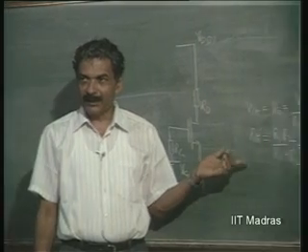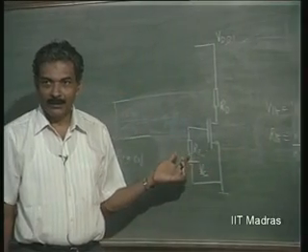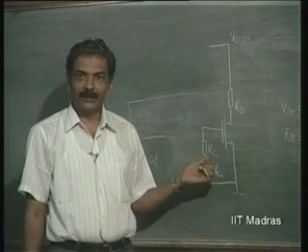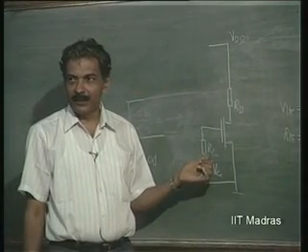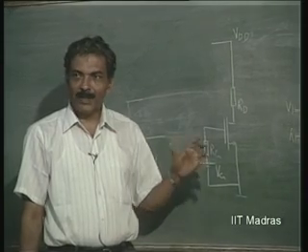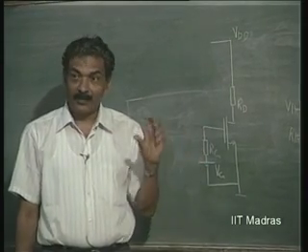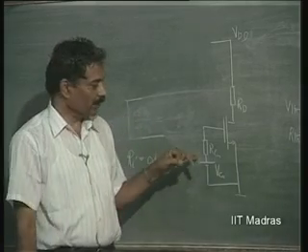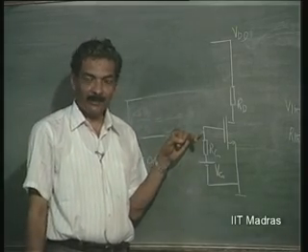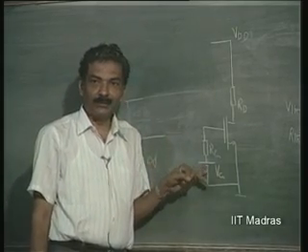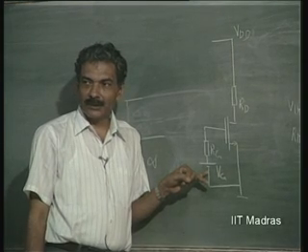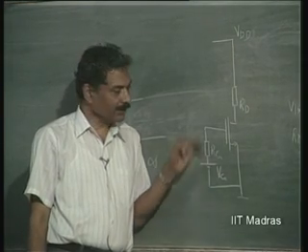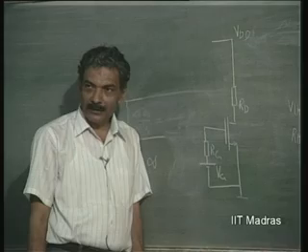In the case of BJT, we had this trouble that there was current flowing through this RB, and we had to make the voltage drop across this resistance very small in order to make it negligible compared to VB. We had to do this in the case of bipolar, whereas here it is not needed.